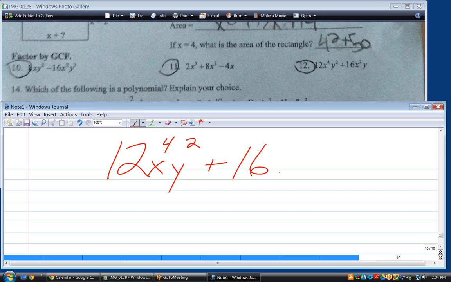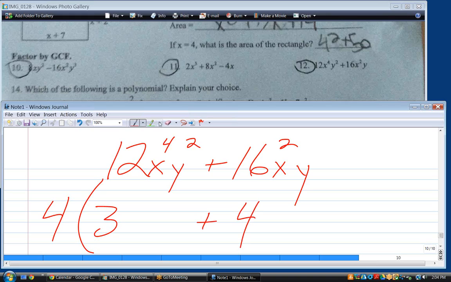What's the biggest number, the greatest common factor? It'd be 4. So there's a 3 there and a 4 here. What's the biggest x that'll come out of that? X squared. And what's the biggest y? Y. Okay.